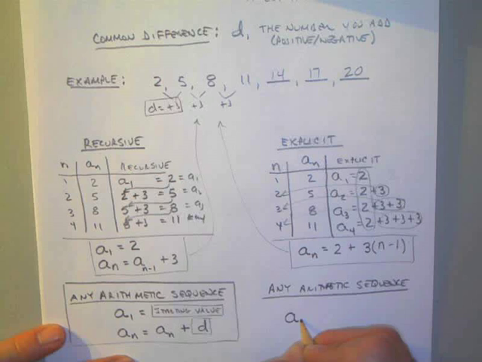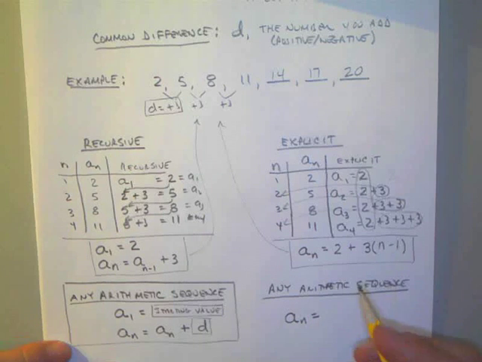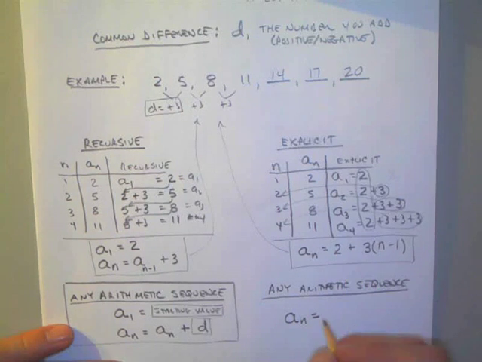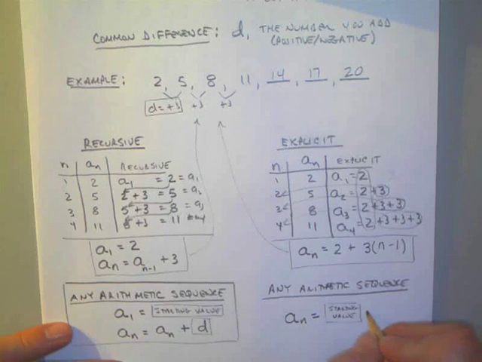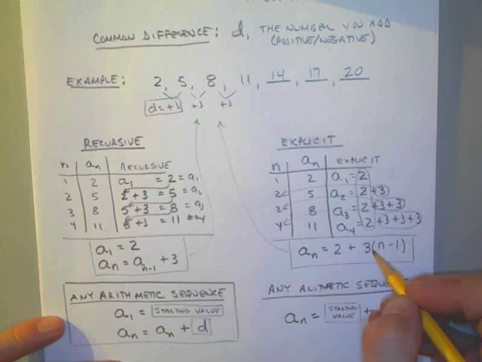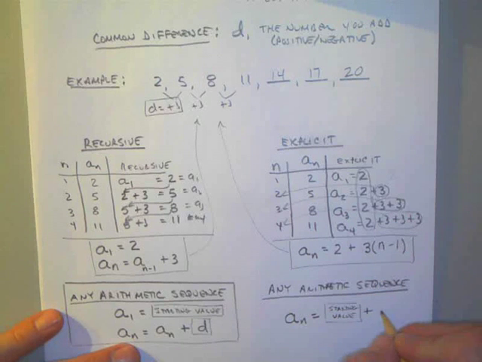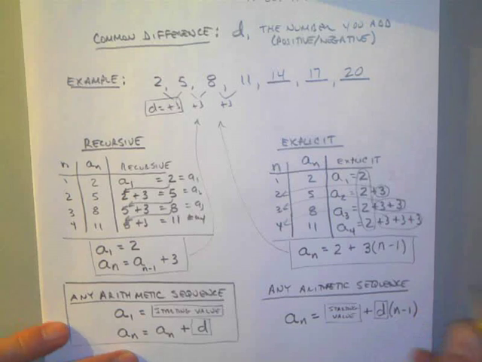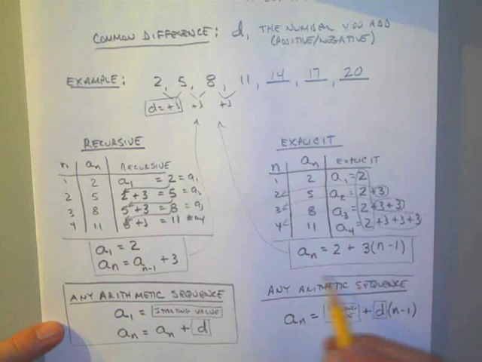We have an equals, this number was our starting value, so I'm going to write this like this, starting value, and I'm going to put a box around it because that's something we'll plug in, plus, in our case, the number 3 was the common difference, and I'm going to put a little box around that because we'll plug that number in, and then it's times n minus 1.